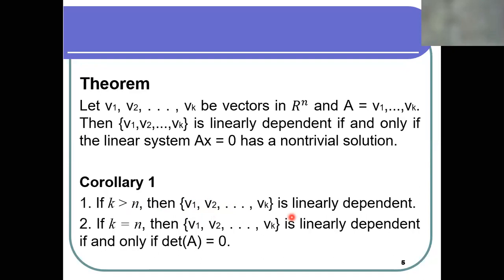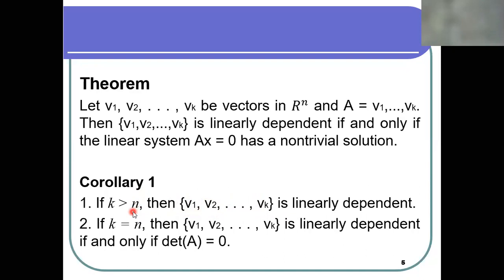What does it mean? The number of vectors is greater than the dimension of the vector space.